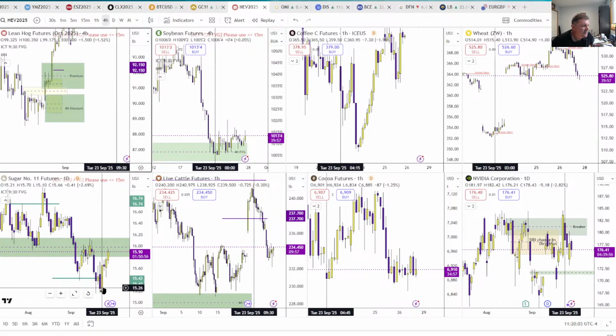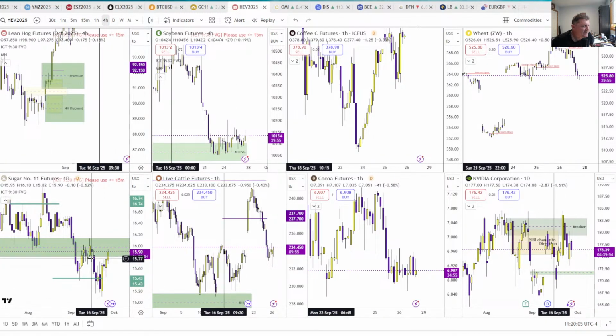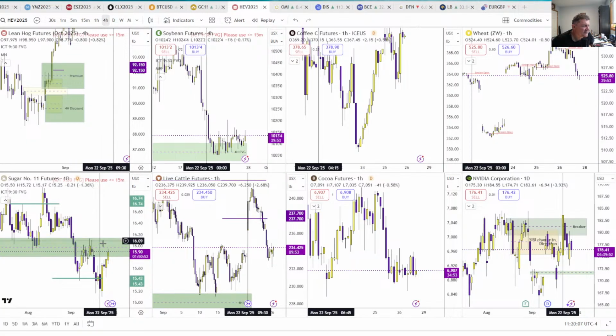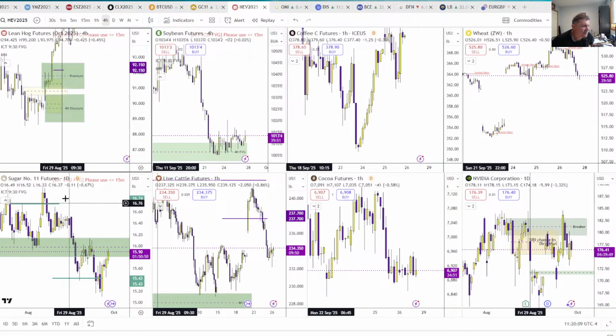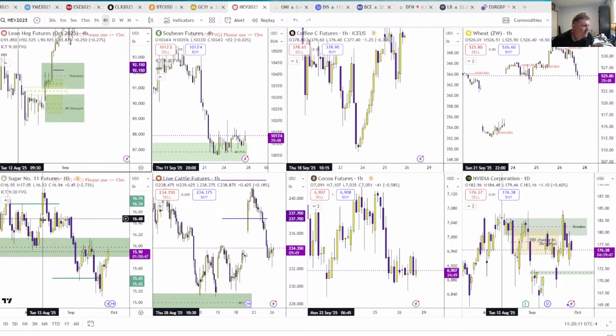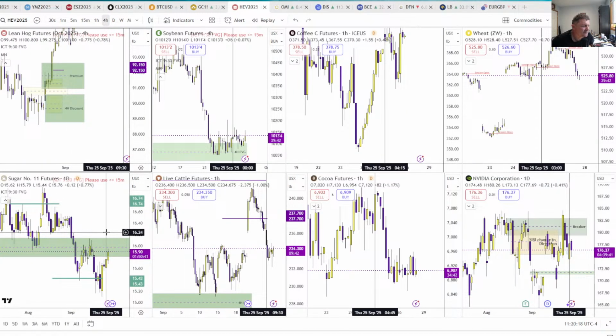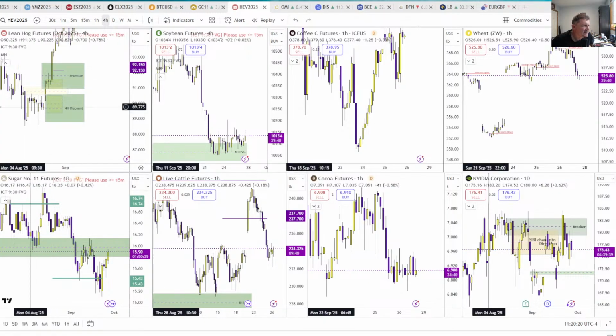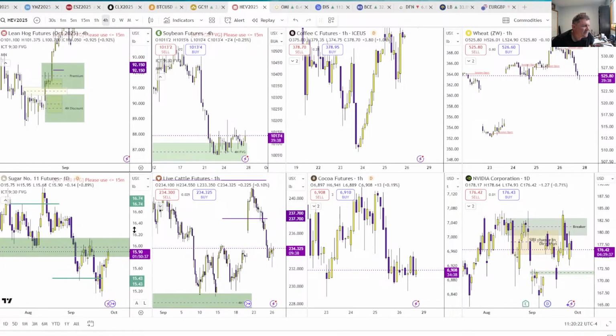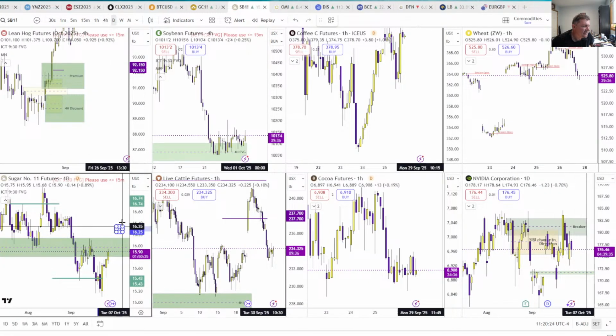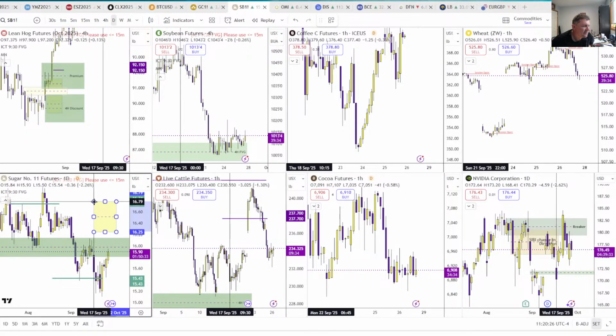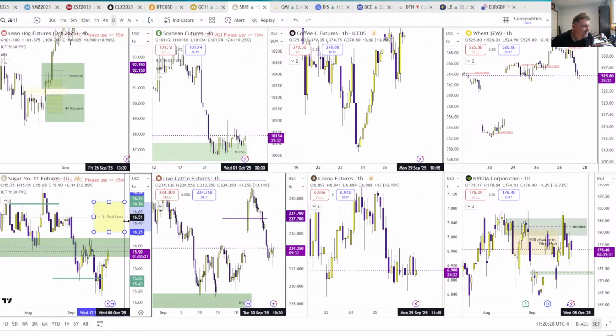Sugar. Sugar is sweet. Wait for a market structure shift here and then start gunning for this premium P1, P2, and P3. Or just do one giant P1 into here. This is what I mean by this. If you're looking at sugar, I know you guys aren't trading commodities, but that's what I'm looking for right there.